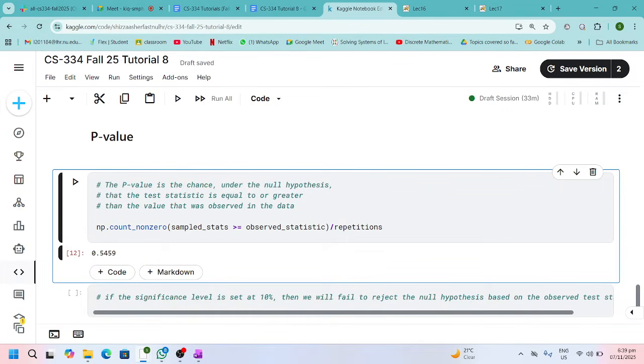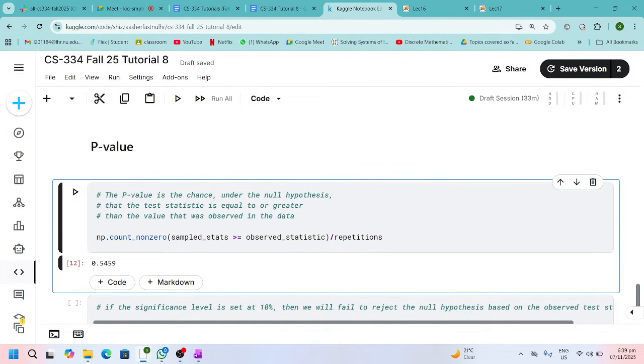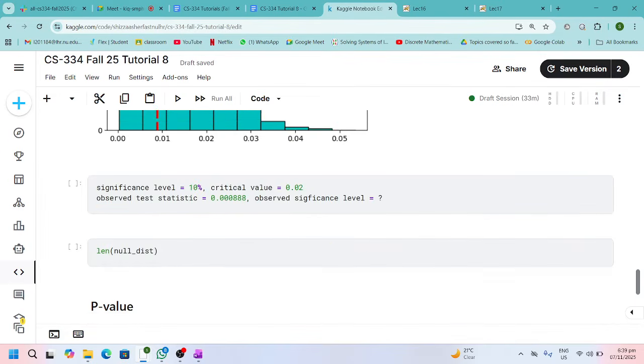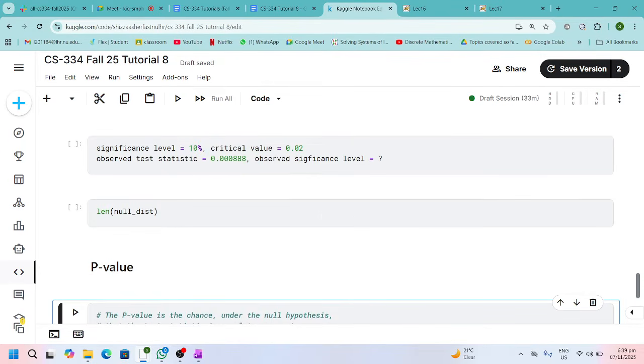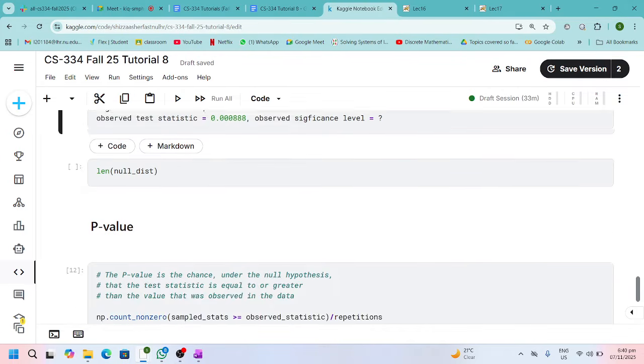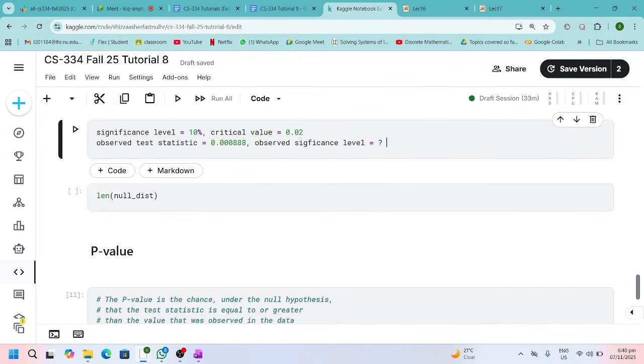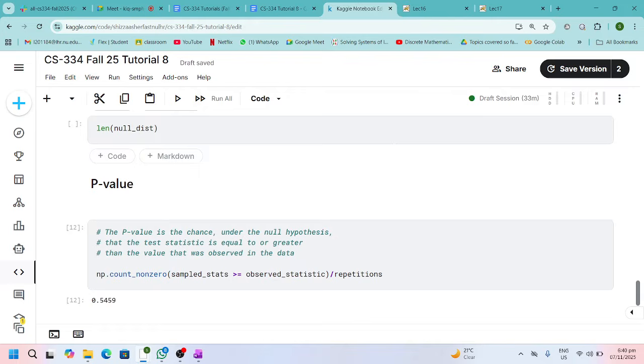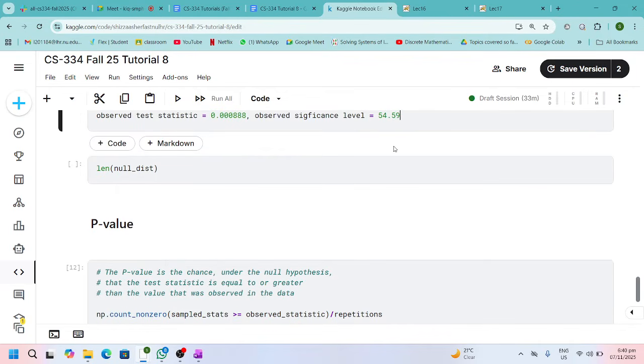Are there any questions up until this point? Now I will encourage you to pause and think for a few seconds. The significance level that we set was 10%. The observed significance level is 54.59%.